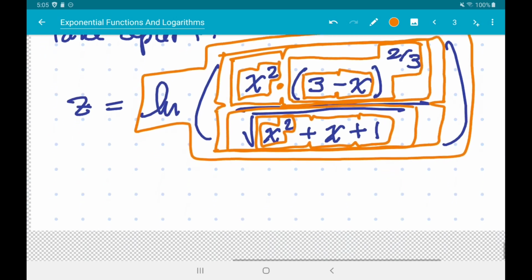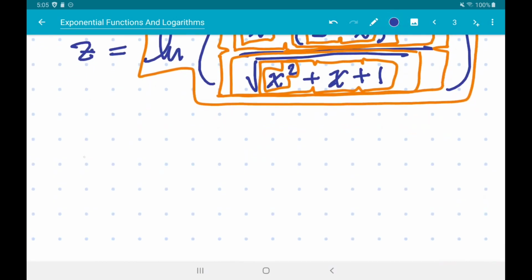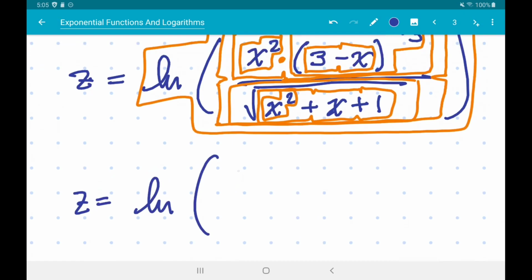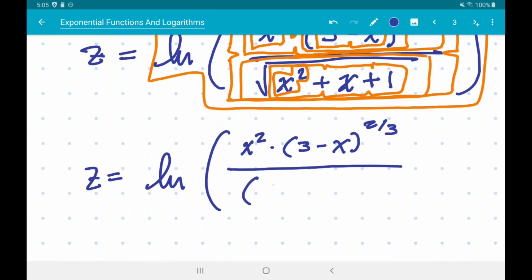What we should do is, again, work very much like we do when we're taking derivatives, and work one layer at a time from outside in. So let me do this, and I'm going to go ahead and rewrite that square root as power 1/2.